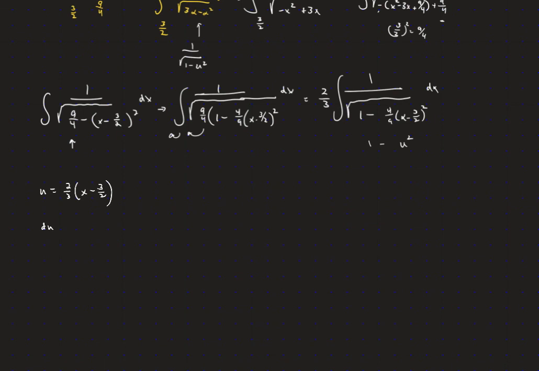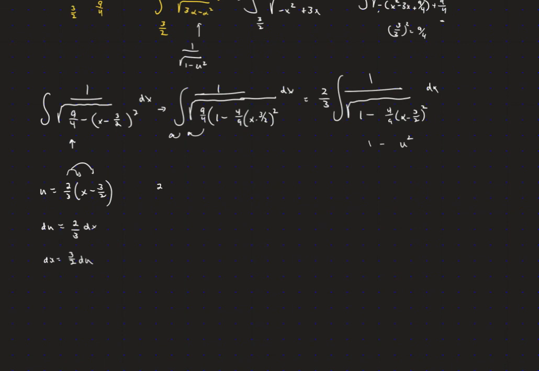That is going to make du, so the coefficient of x is 2/3, so its derivative is going to be 2/3. So when we take the derivative, it's just going to be a 2/3 dx, and our dx will be 3/2 du. Okay, we're making progress now.